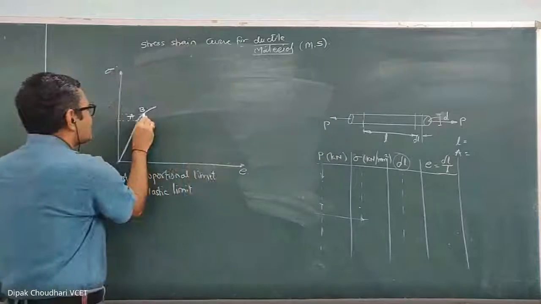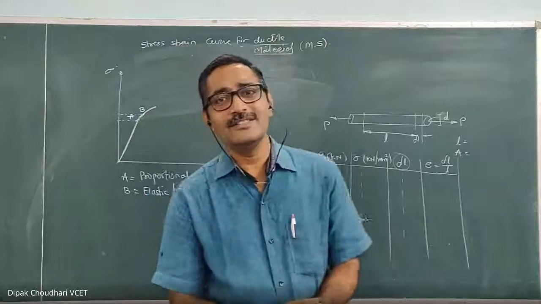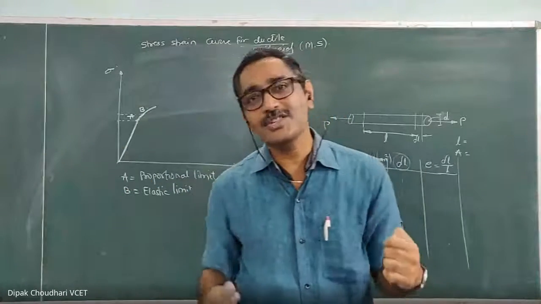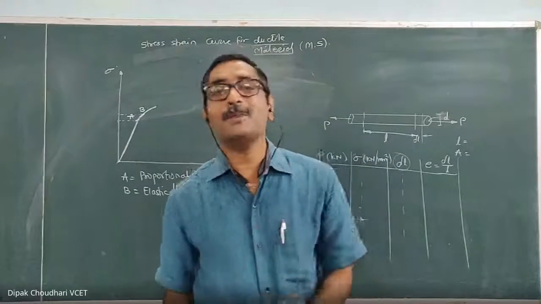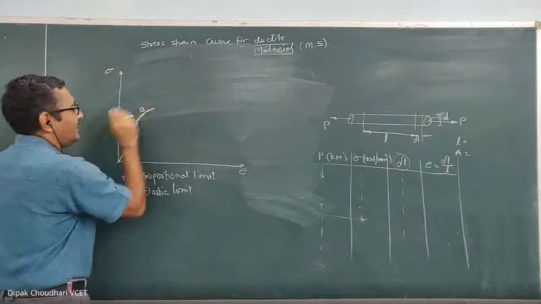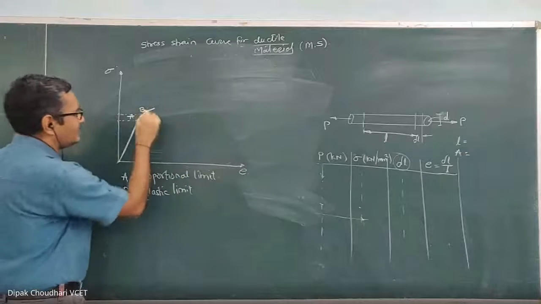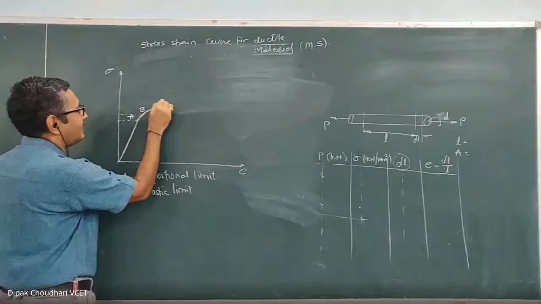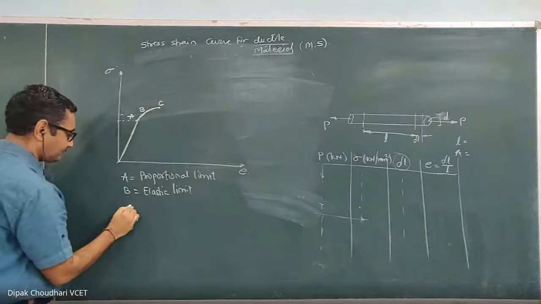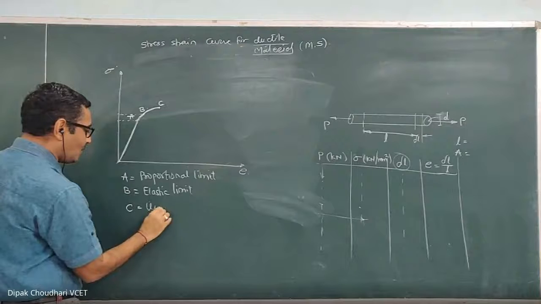After this value of the stress, if I remove the external applied load, the material will not regain its original shape and size. Here the material enters the plastic zone. Again, if I go on increasing the value of the force P, I will get the point C. This point C is known as the upper yield point.